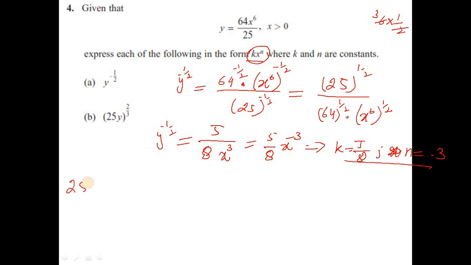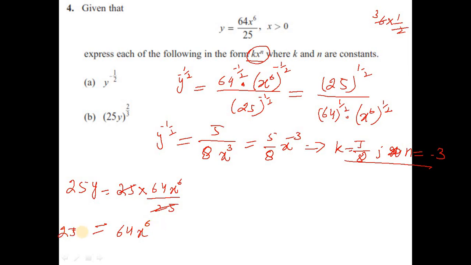So 25y equals 25 into 64x to the power 6, sorry, it's divided by 25, so 25 gets cancelled and you have 25y is equal to 64x to the power 6.